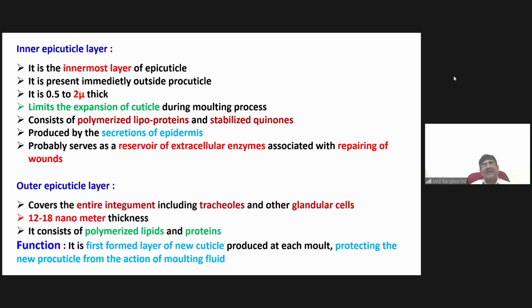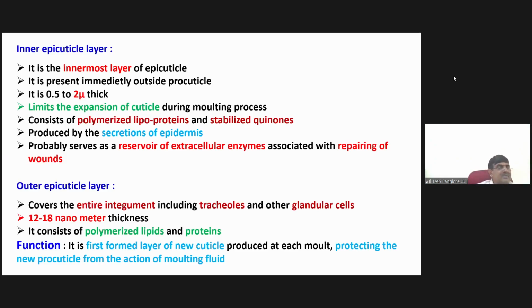The next layer is the outer epicuticular layer. It covers the entire integument, and it also covers the tracheoles and the glandular cells. Tracheoles are the smaller tubes of the respiratory system.